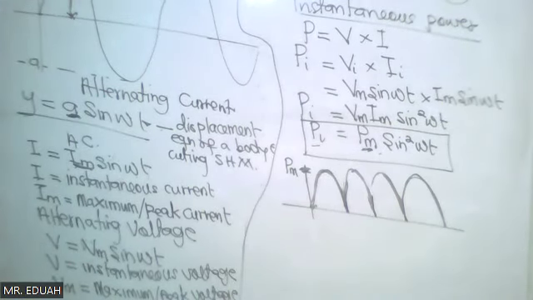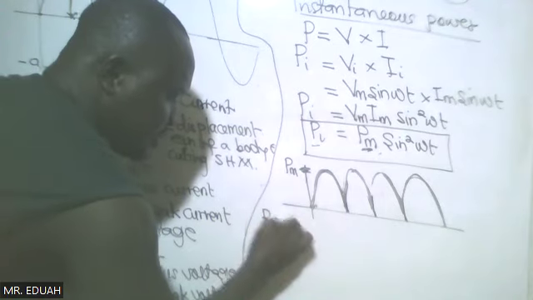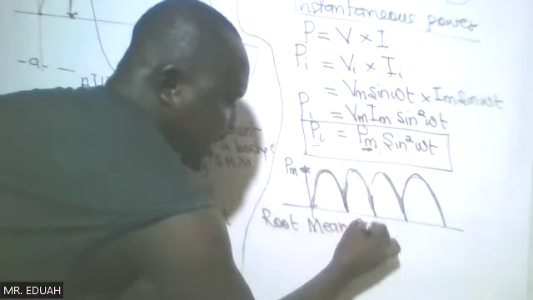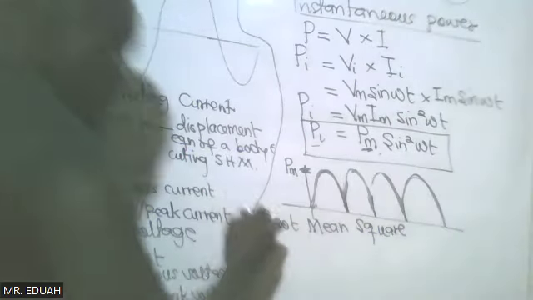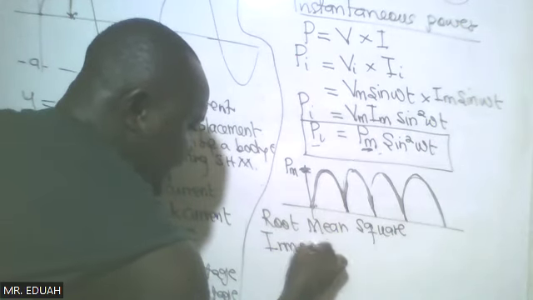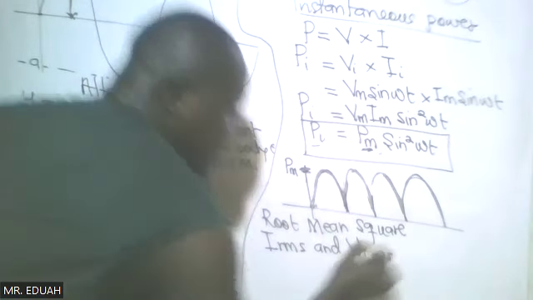Now let's understand one other quantity, which we will call root mean square current and voltage. Here we are talking about IRMS and VRMS.